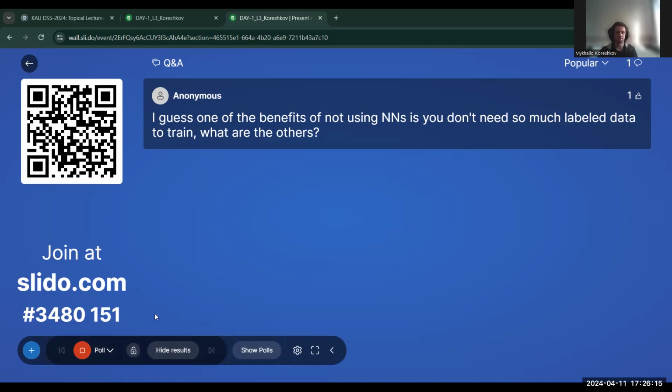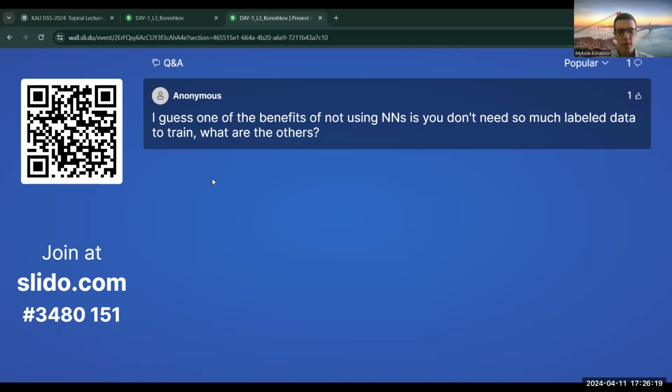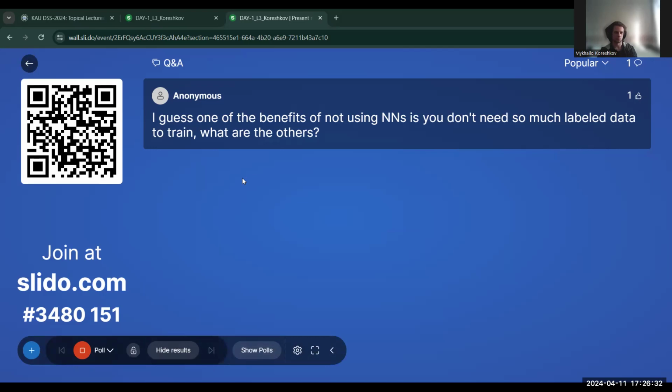I see. So yeah, I'm not sure we don't need so much labeled data. I guess we definitely need less labeled data, but absolutely, we have a lot of similar problems that neural networks have, let's say.